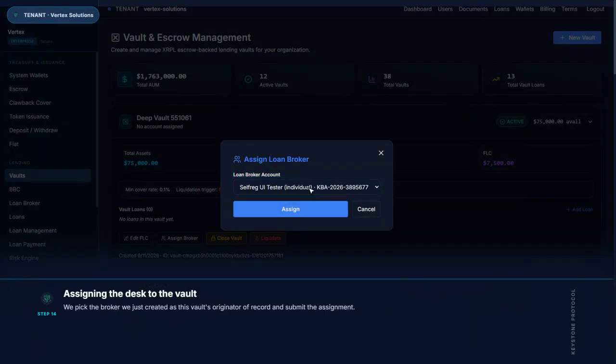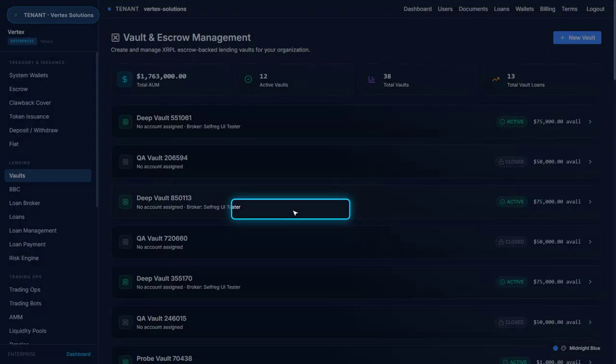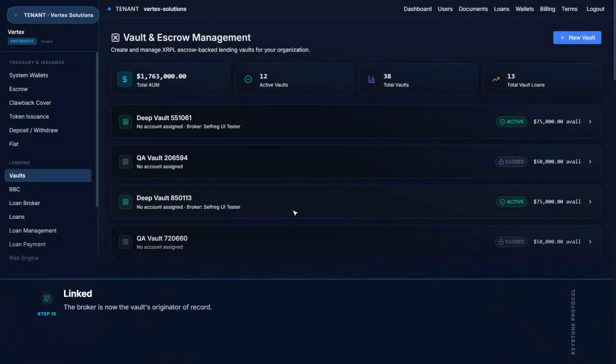Assigning the desk to the vault. We pick the broker we just created as this vault's originator of record and submit the assignment. Linked. The broker is now the vault's originator of record.